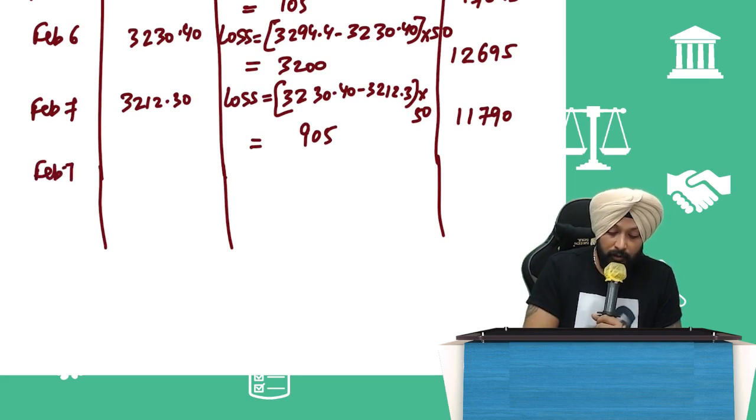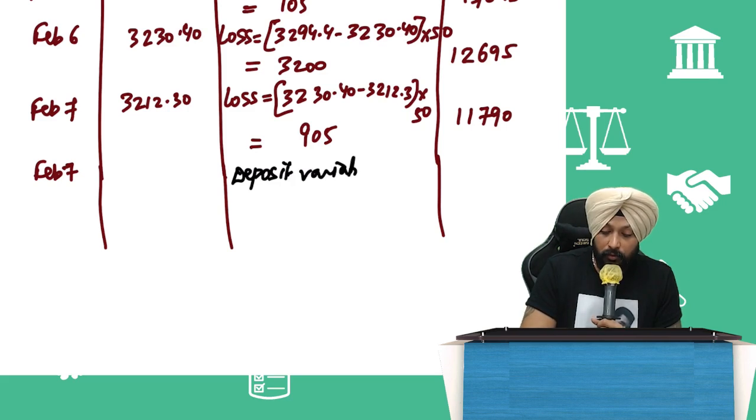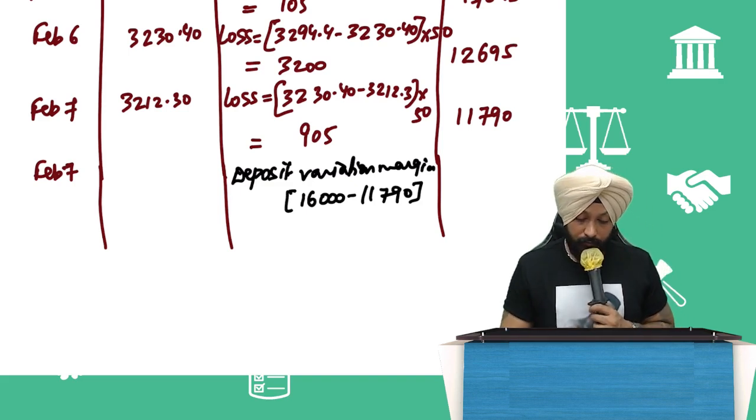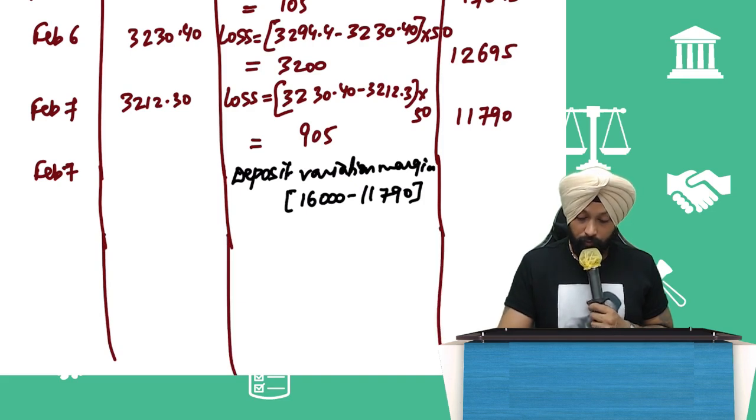On the same day, there will be a deposit of variation margin, right? And we understood that variation margin should bring back the balance to initial, which is 16,000 in this case. 42.